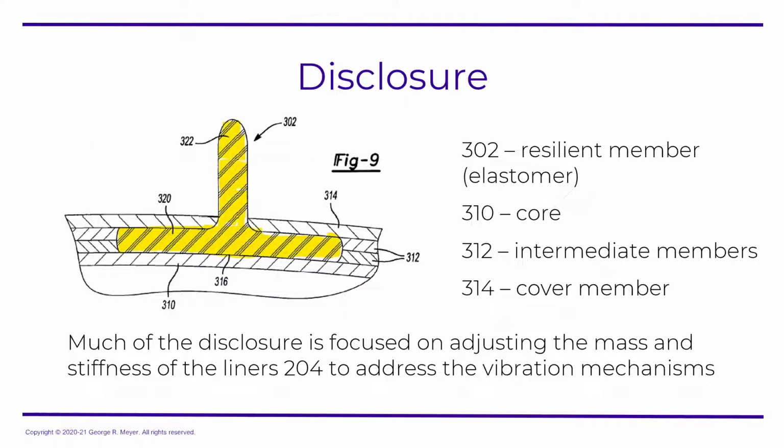Figure 9 includes a cross-section right at where that elastic resilient member lies. Most of the liner is made up of the core 310, intermediate members 312, and the cover member 314. So when they're adjusting the mass and stiffness of the liners 204, it's mostly going to be the items 310, 312, and 314, and those will be used to address vibration mechanisms.